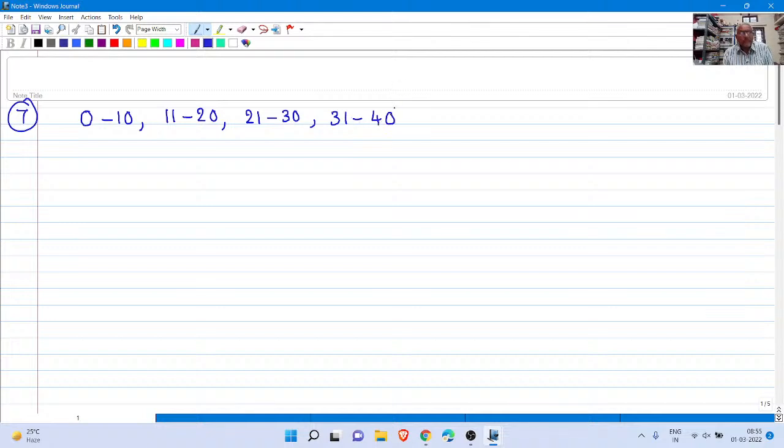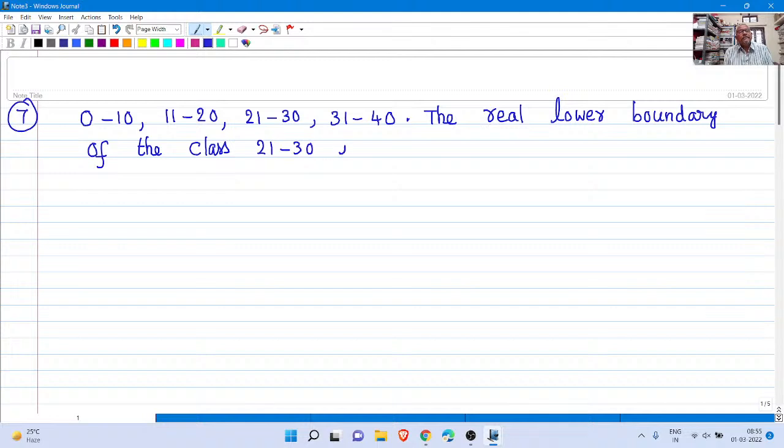So what you are asked is: the real lower boundary of the class 21 to 30 is?